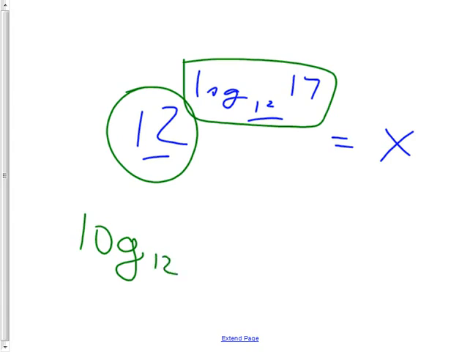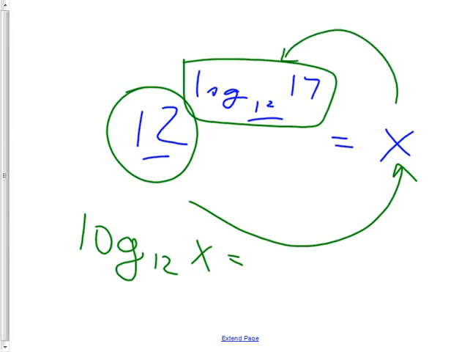Base 12. And then where do I go next to get the next part? Over here. You always go to the other side to get the next part. And then it will equal all of that stuff. Now, do you get that x is 17?